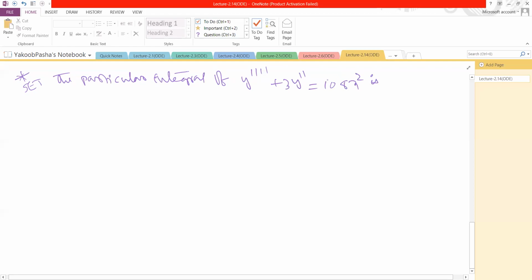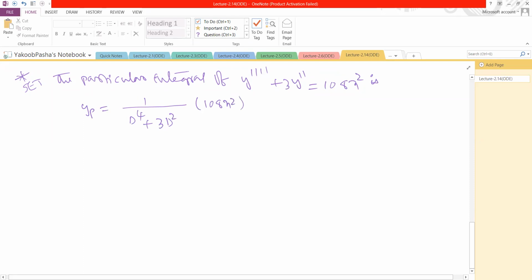Now we need to find only the particular integral, that is yp. So yp is equal to 1 by D power 4, the fourth derivative, plus 3 into the second derivative D square, of 108 x square.